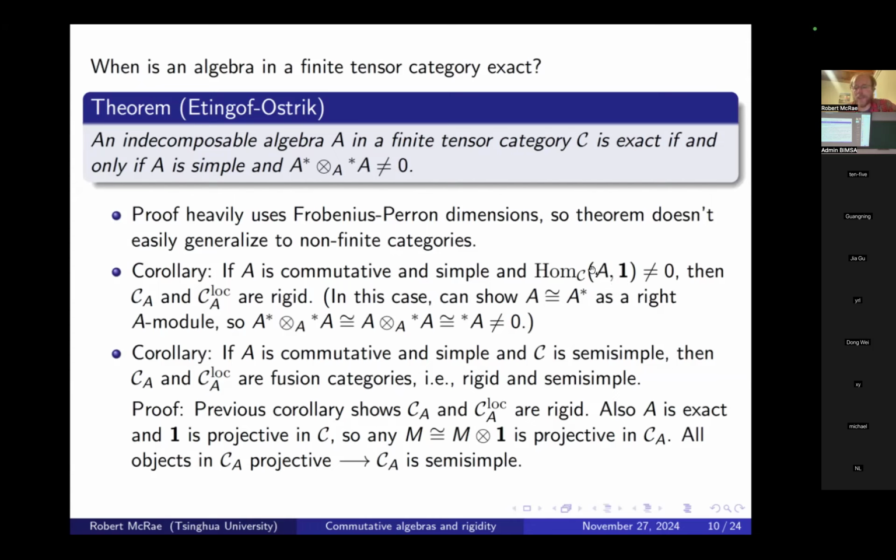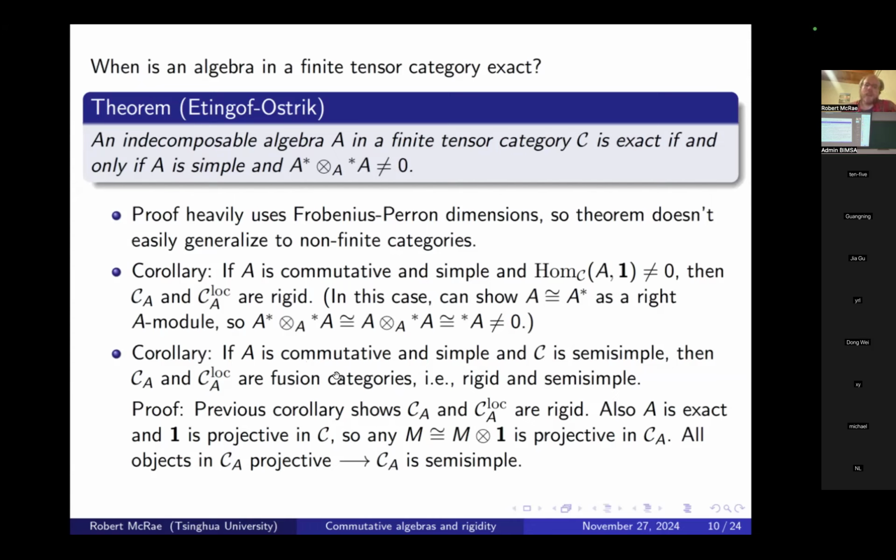So in this case, the existence of this non-zero homomorphism from A to 1 helps you define a right A module isomorphism between A and A star. So then this funny tensor product of the left and right duals just amounts to star A, which is also isomorphic to A. So that's non-zero. So then you get that this algebra is exact and these categories are rigid.